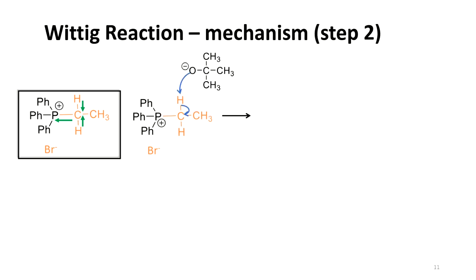So we have two arrows. We have the base abstracting this proton, and the electrons are going to go onto the carbon. So now the carbon becomes negatively charged, whereas the phosphorus is positively charged. And so we can actually depict the ylide in two ways.